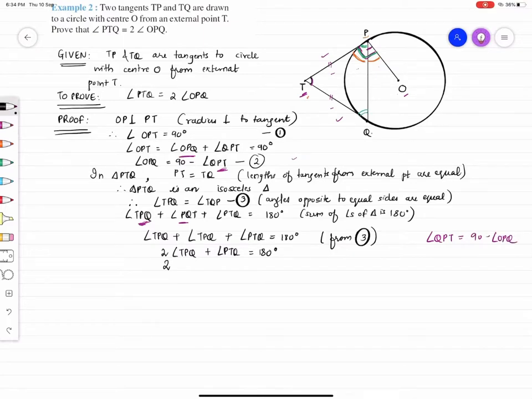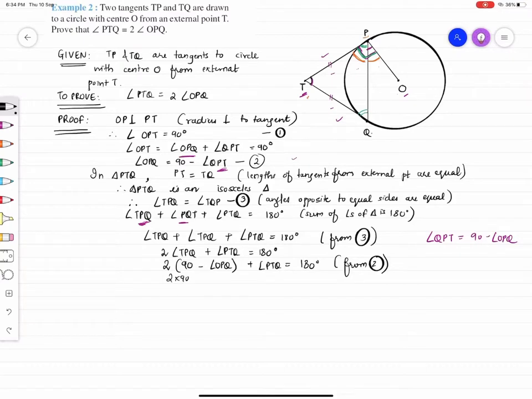Okay, so let's write it down. Let's say 2 times 90 minus OPQ plus angle PTQ is equal to 180 degrees, from 2.